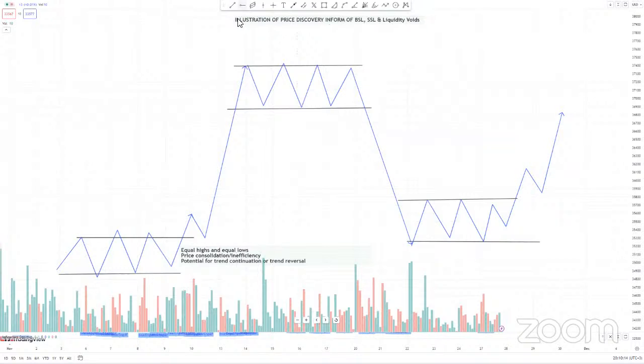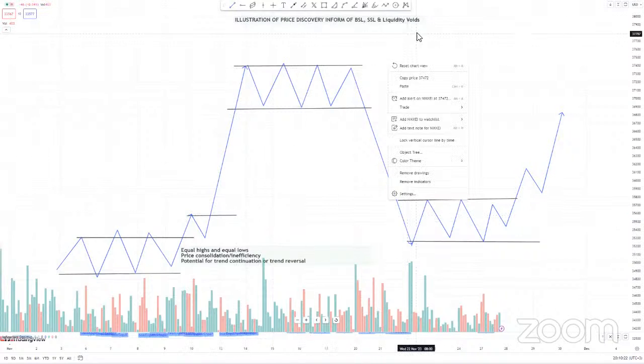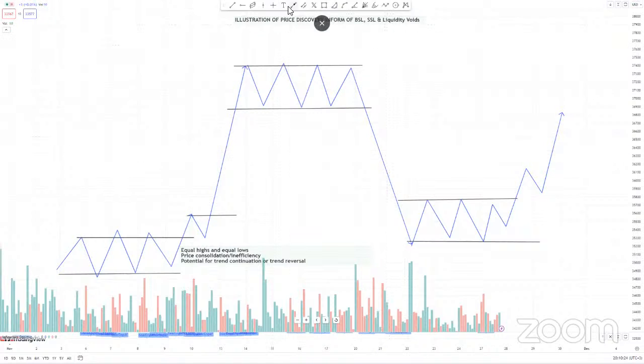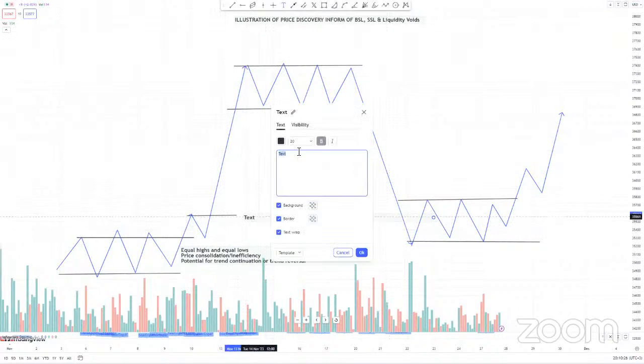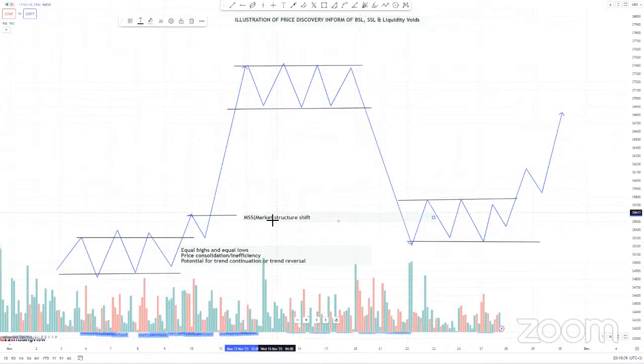In this case, what we're having here is something that we'll call a market structure shift, okay? You'll always have to mark your point there, so you can come and mark it as your MSS, or market structure shift, right? So right at this point, we saw that the market changed how it was moving.